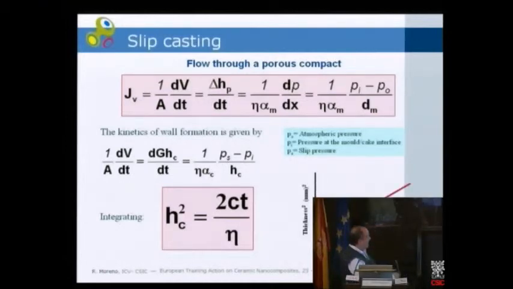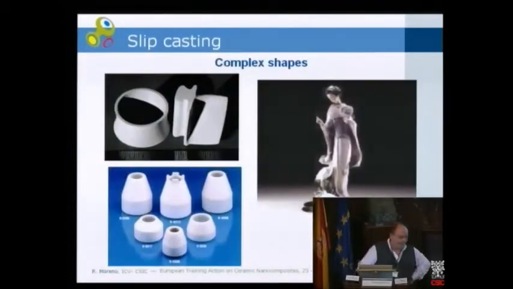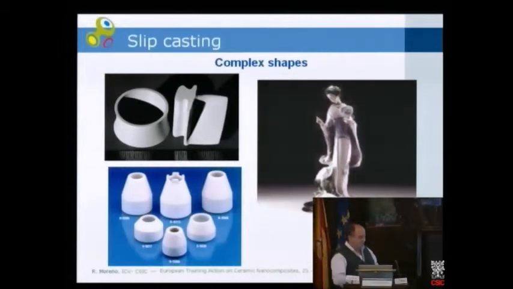The only important point here is to retain that the square of the obtained thickness of the cake is linearly dependent on the casting time. Up to a limit, because if we plot just the thickness instead of the square, what we have is a parabolic behavior in which, after a certain time, we cannot increase the cast thickness.